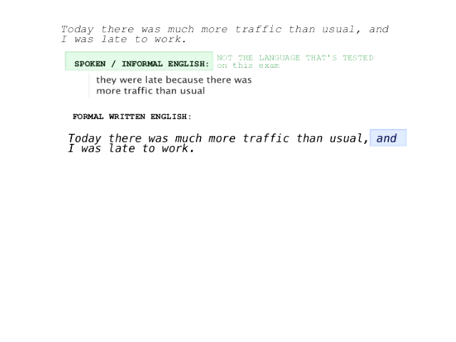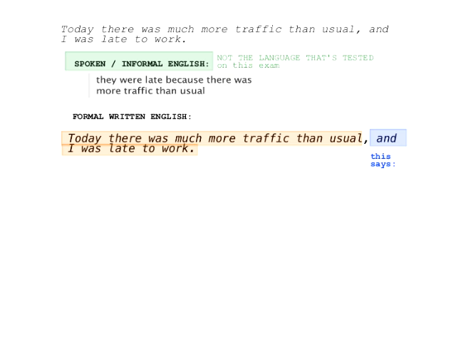But what this connector means is that these two things that are going to be orange are independent and separate. They are not related in terms of cause and effect or sub-point or anything like that.